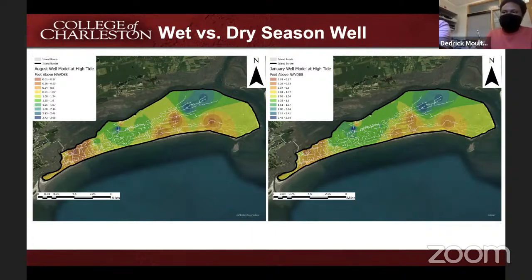So the zero of NAVD 88 is what you would think of as the true zero. To call it mean sea level is a misnomer, but when you notice that it says mean sea level will have a certain height at NAVD 88 for an area, it'll actually always refer to that datum.